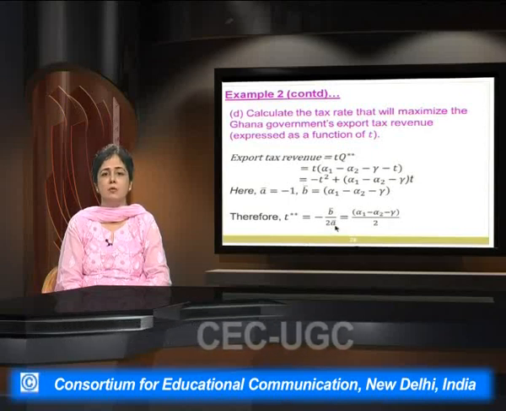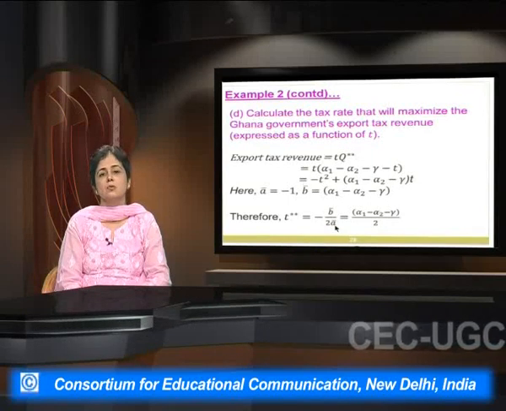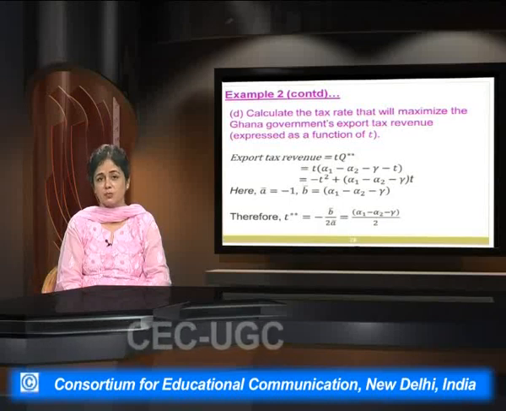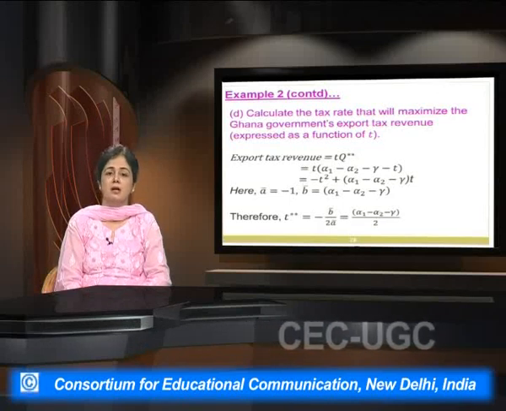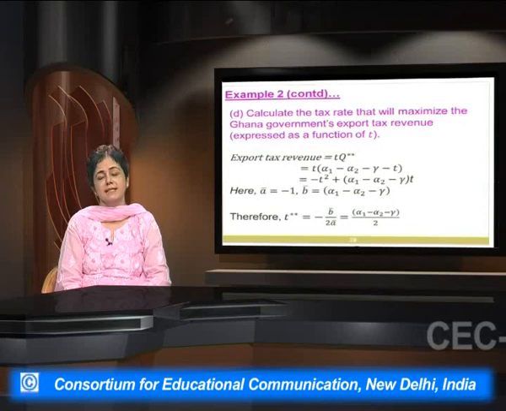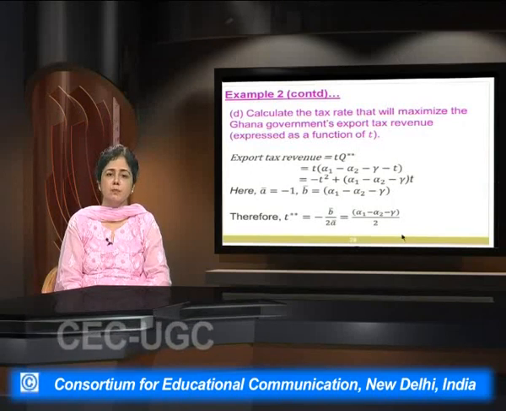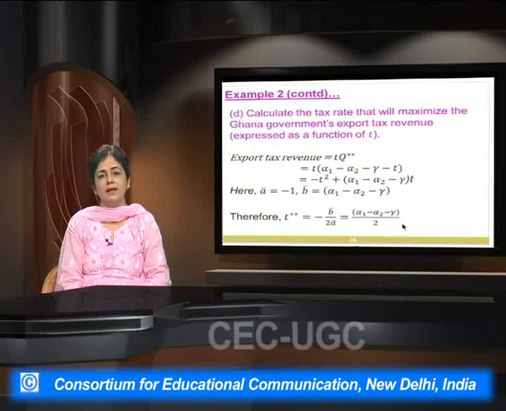A bar now is minus 1, note here, so that will give you 2 in the denominator. So our final result is that the optimal tax rate which the government of Ghana should choose to maximize its export tax revenue should be alpha 1 minus alpha 2 minus gamma, the whole thing divided by 2.